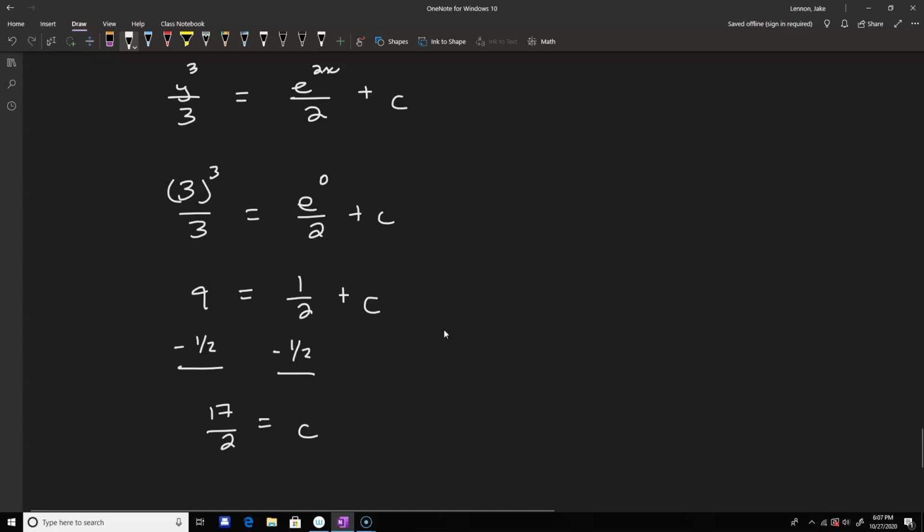So that's the solution to our initial value problem here. y cubed over 3 equals e to the 2x over 2 plus our 17/2, the constant that we solved for from the initial value.